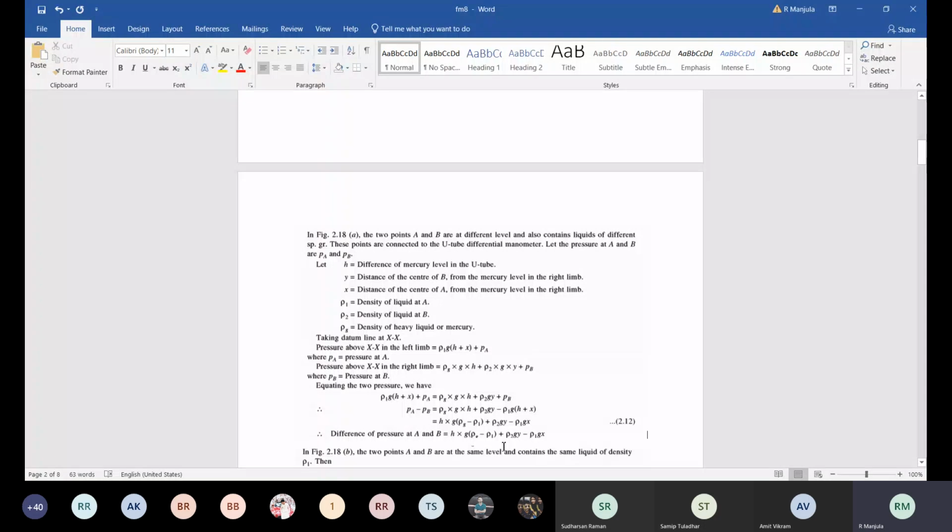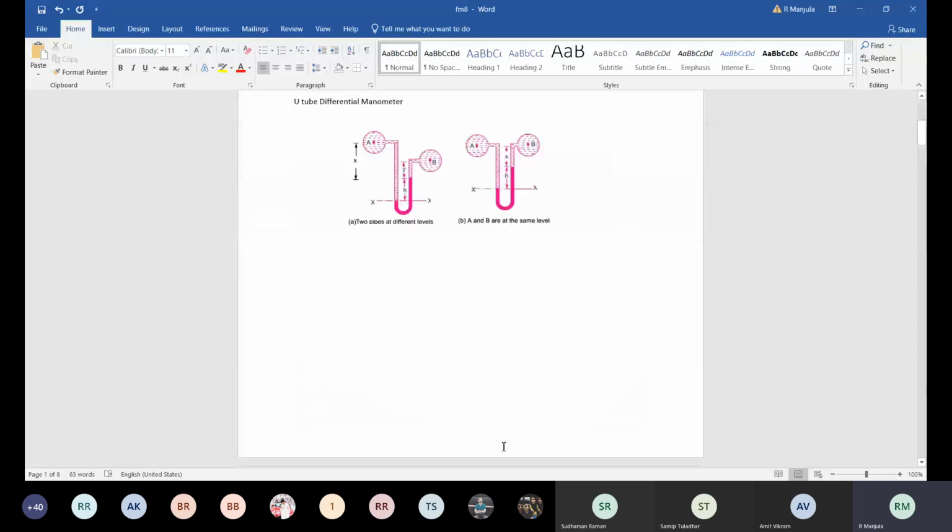But in the problem also it is not given. Pipe A lies about 2.5 meter above B. The difference of pressure measured by the mercury fluid is only the difference of mercury level x minus y.